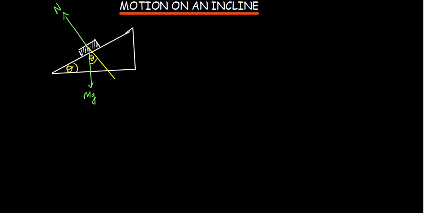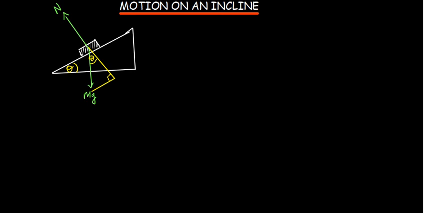Then I'm going to join the weight force and this other side, making 90 degrees. So this side is going to be parallel to this side. They are always parallel.